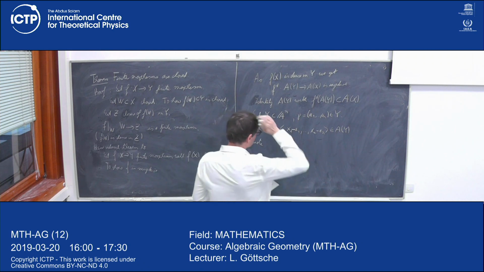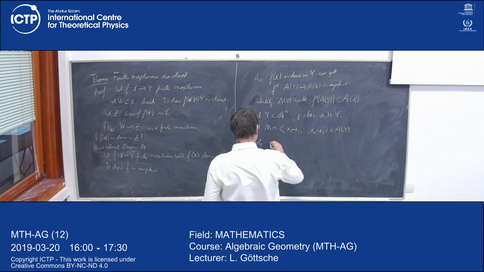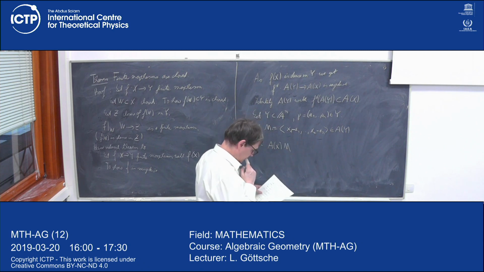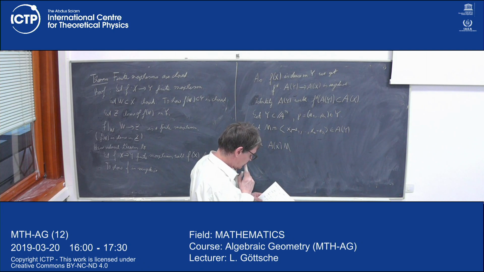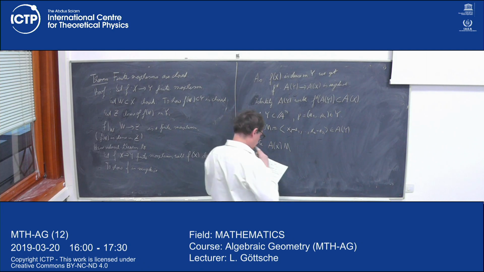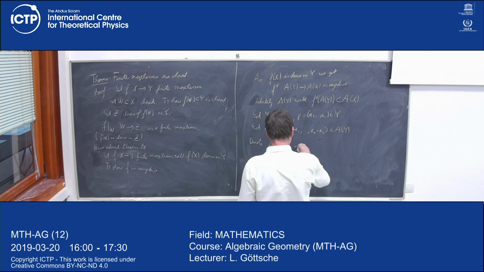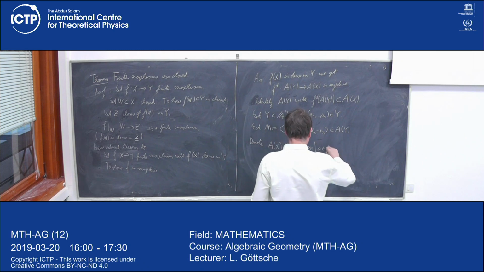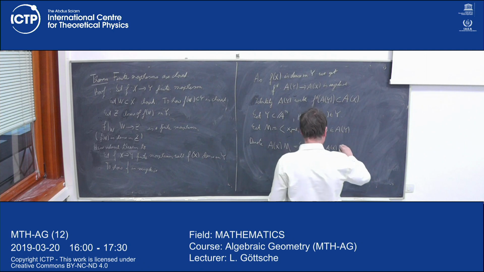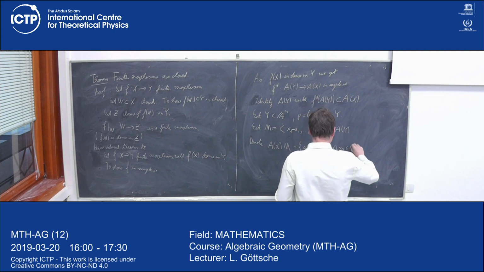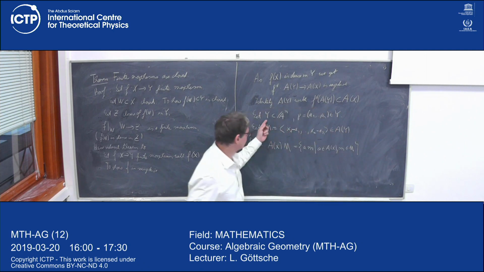So I could say AX·M. More strictly speaking, I write it like this: this is the set of all am, with a in AX and m in M. So here I've used this identification.